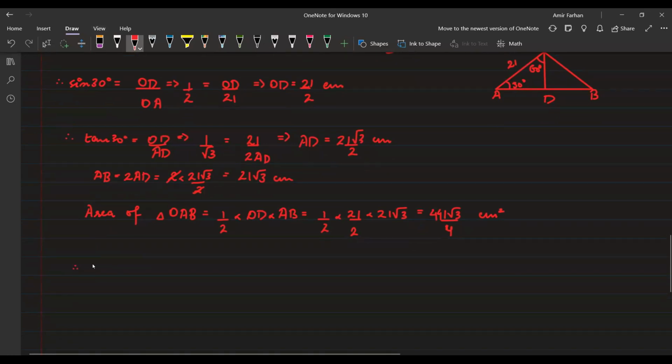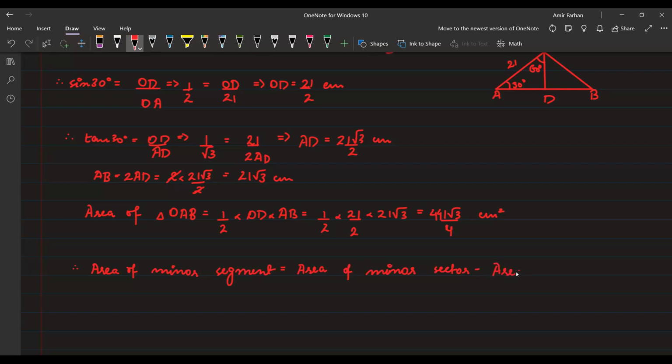Now how can we calculate the value of area of minor segment? It is equal to area of minor sector minus area of triangle OAB.